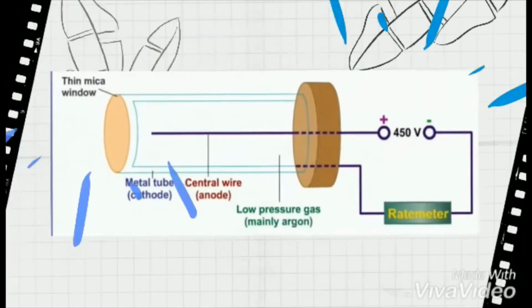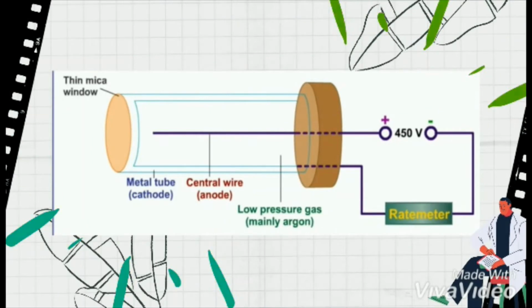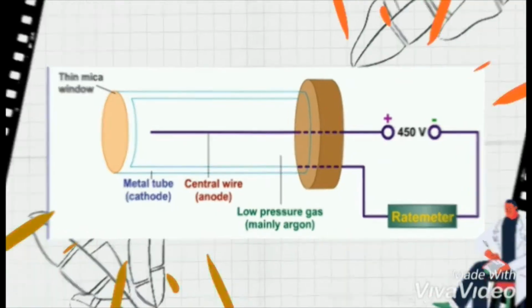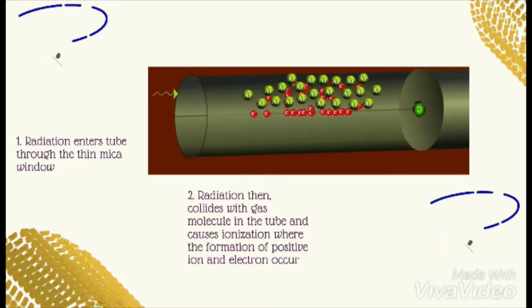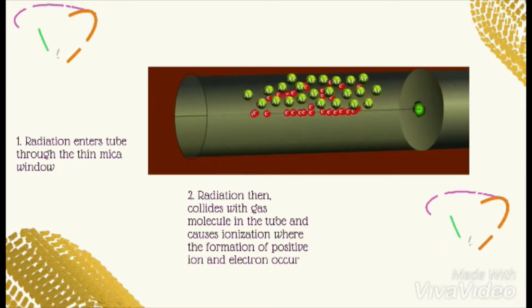Now, let's see how it works. The Geiger-Muller tube comprises a mica window, a central wire as anode, a metal tube as cathode, a power supply, and low pressure gas such as argon. The detection process begins when the radiation enters the tube through the mica window.